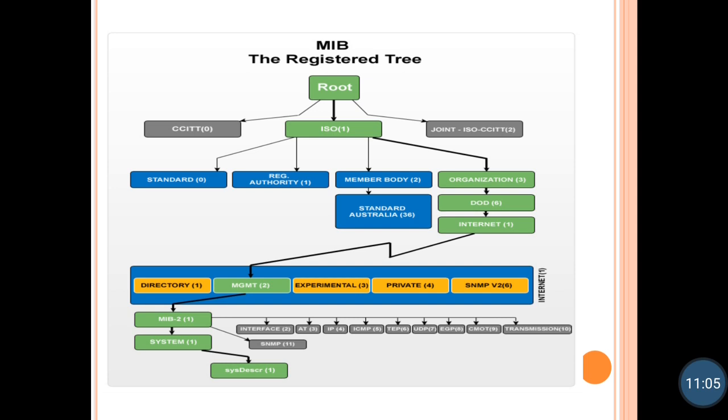From the internet we go to MGMT, and in MGMT we have MIB, and it stores all the variables like interface, AT, IP, ICMP, TCP, UDP, our user datagram protocol, EGP, CMOT. So we store all this variable information in this MIB, and you can see this is a hierarchical, tree type structure that stores all the management information base variable information.